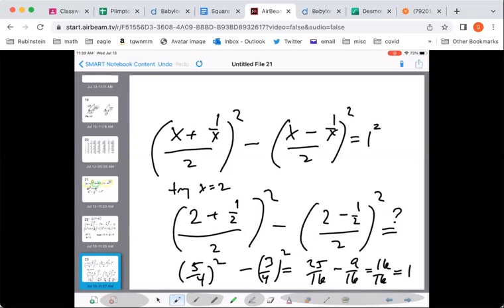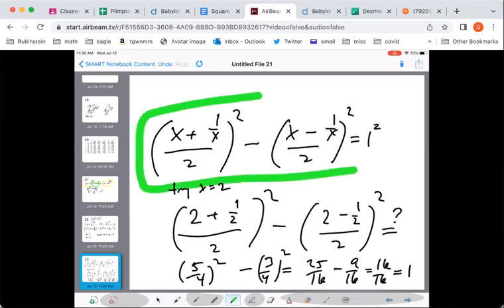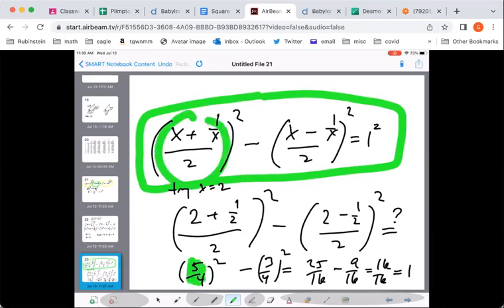Thank you. So this identity is key, because look at these numbers. When I put x equals 2 in, this thing here becomes 5 over 4.